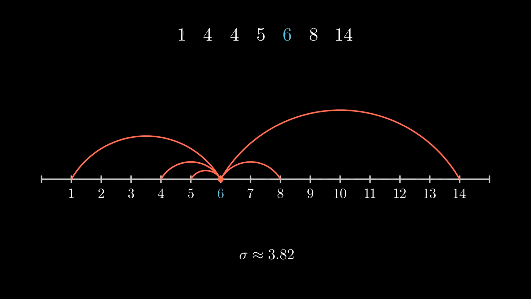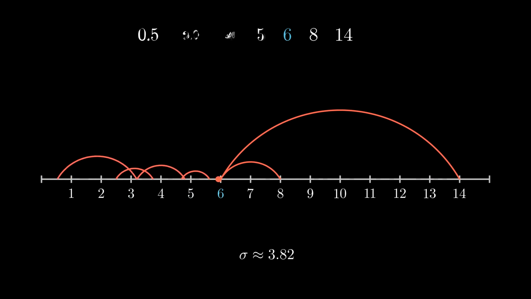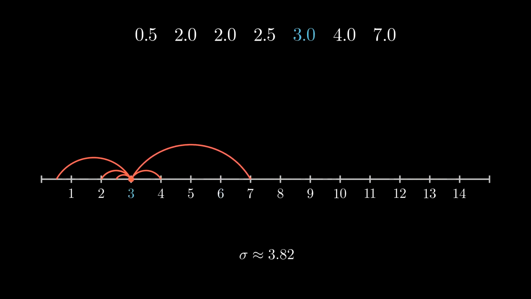On the other hand, if we were to multiply or divide all the numbers by some amount, so say here we have halved everything, divided it all by 2, then the distances do get affected by that same scaling. Okay, so say if we halved all the numbers here, all the distances halve as well, so the standard deviation needs to be halved as well, and now it's gone down to 1.91.